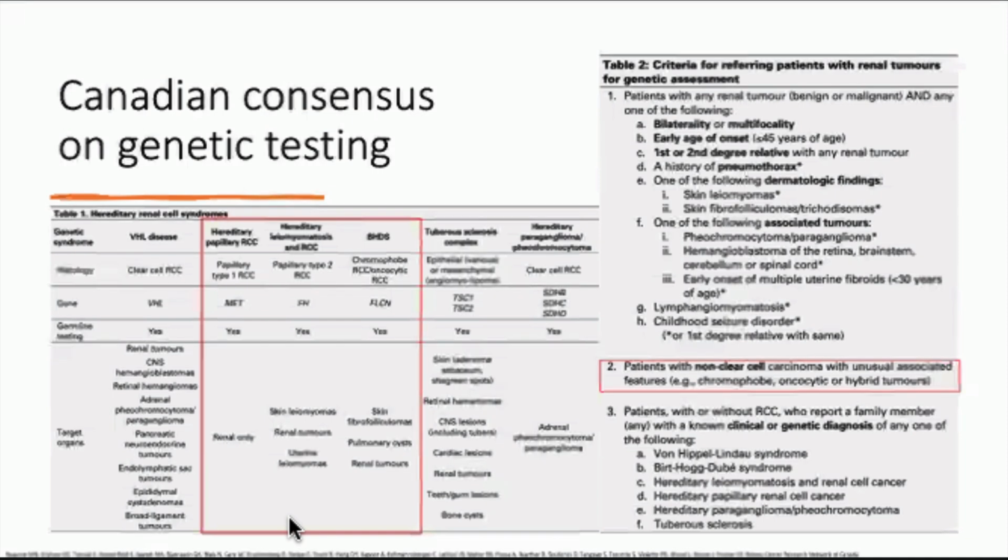In the nccRCC disease space, we should particularly think about these when you have patients with papillary or chromophobe histology. And then the second table on the right-hand side highlights the various criteria for which you would refer a patient to genetic testing. And on here, I do want to attract your attention to point number 2, which includes our patients with nccRCC that today's talk focuses on.